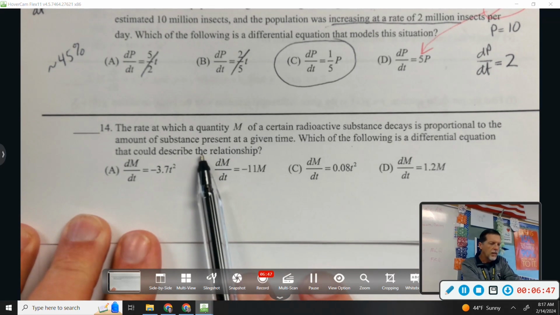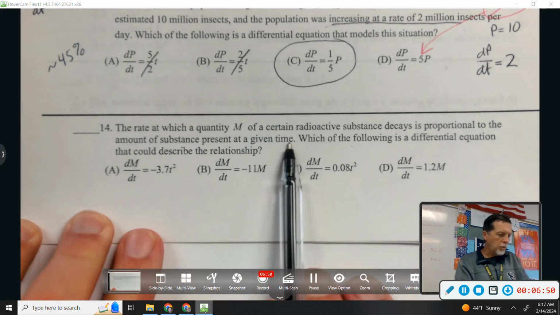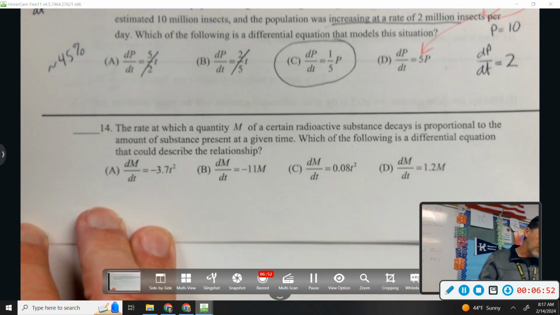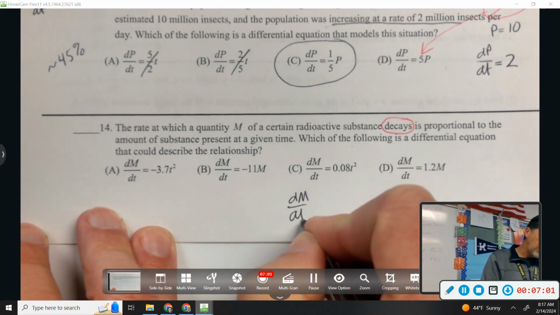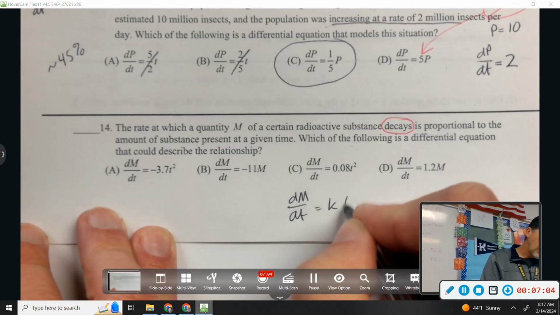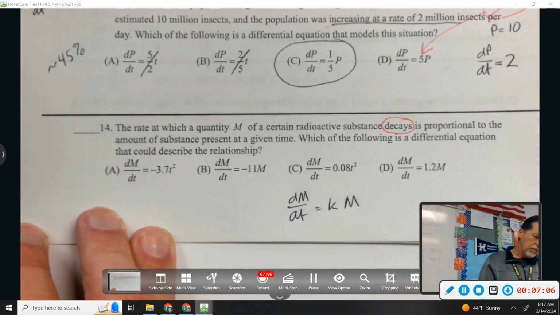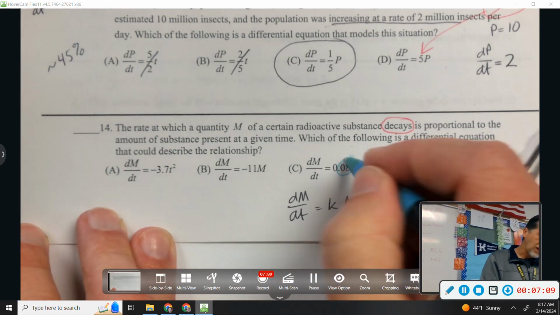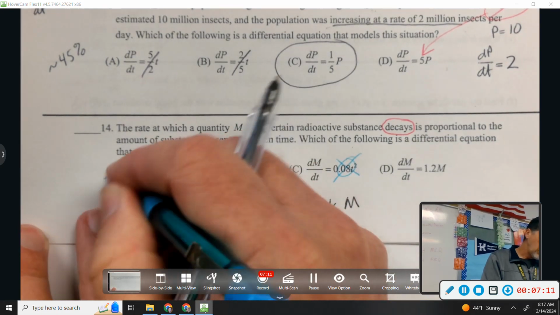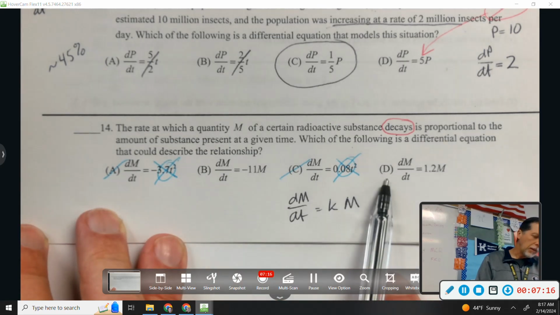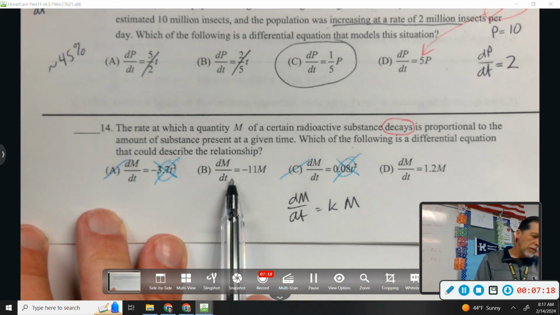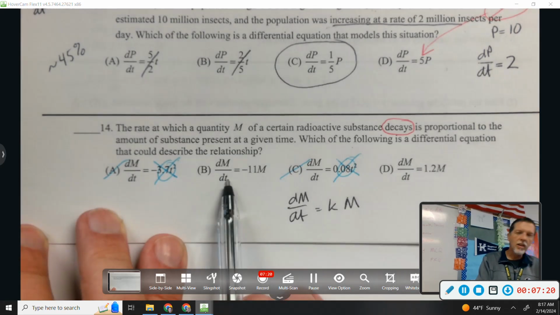14. The rate at which a quantity M, a certain radioactive substance, decays, that's kind of a key word in this problem, is proportional to the amount of substance at a given time. So that means dM/dt equals k times M. So I don't need the t business in there, that's out. So A and C are out. So now I'm down to B and D. One's negative and one's positive.